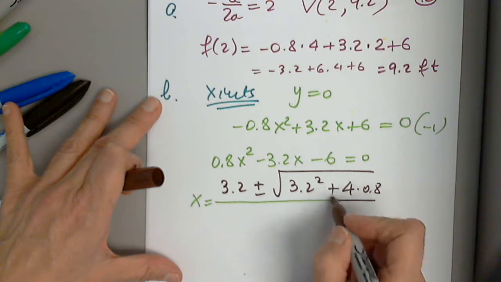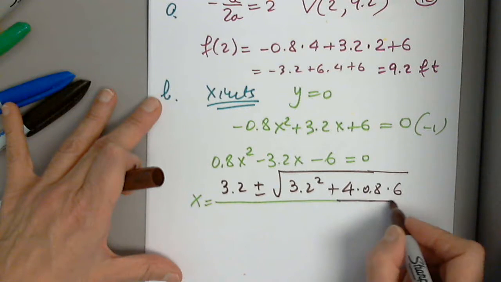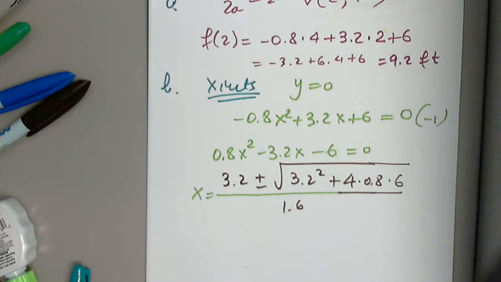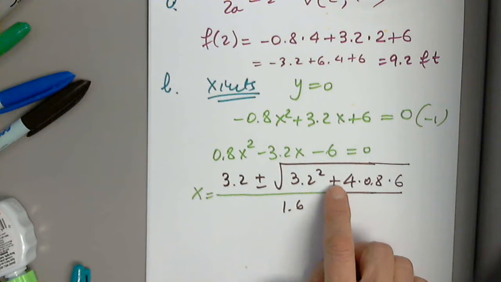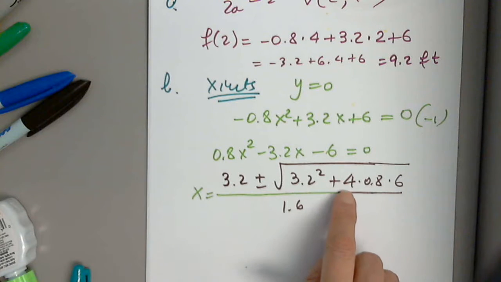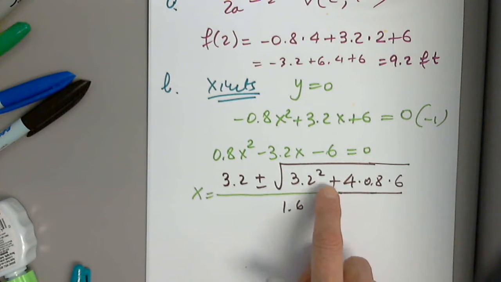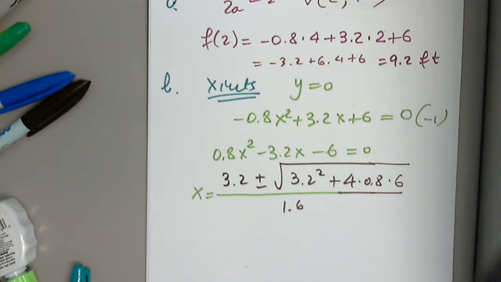Since c is negative, I'm going to change this in order to avoid nested parentheses. And 2 times 0.8 is 1.6. So there is a negative from the formula, so it's negative 4 times a times c. But since c is negative, I change this into positive so I don't have to worry about too many parentheses. Any questions before I continue? Is this okay?